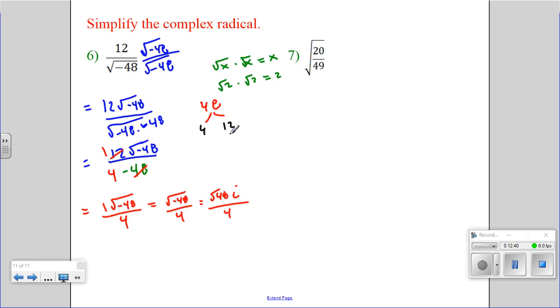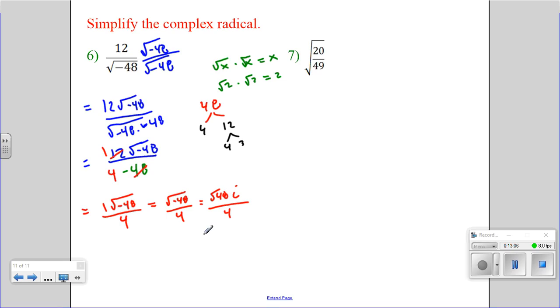I know that 12 can be broken down. 12 doesn't have a perfect square in it, but I know it's 4 times 3. And look, I have duplicate numbers already, and then 3 is prime. So I don't need to break the 4's down any further. I could if I wanted to.